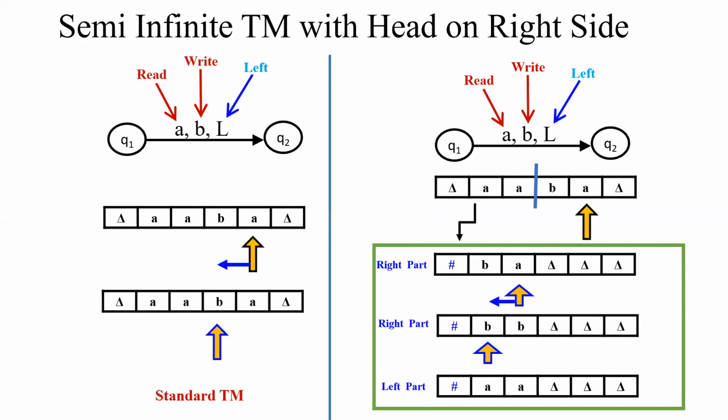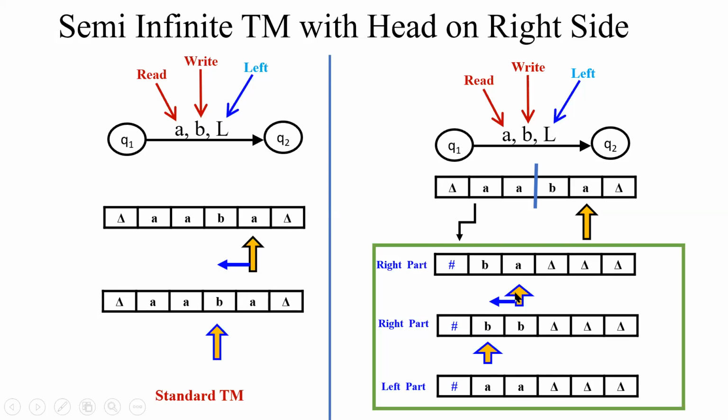Now how this functions, just see this. This is a standard machine. In a standard machine, my tape head is at this point, it reads A, writes B and moves left. If I go to the semi-infinite Turing machine, and my read write head is at this point on the right side of the tape, it will read A, write B and move left. How will this movement take place?